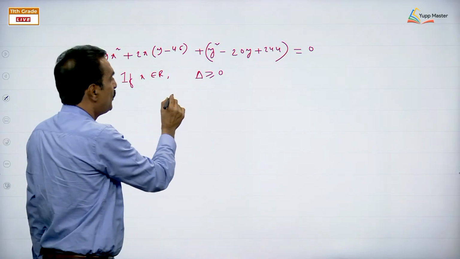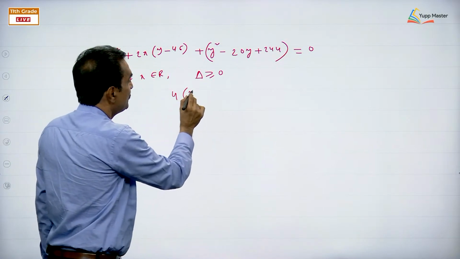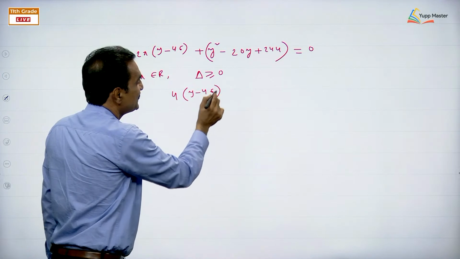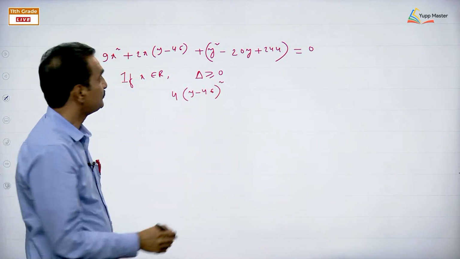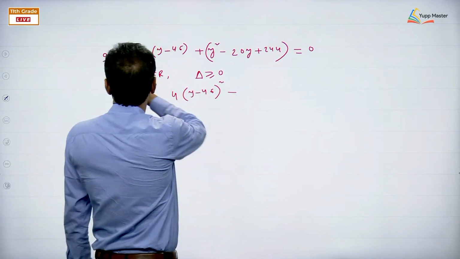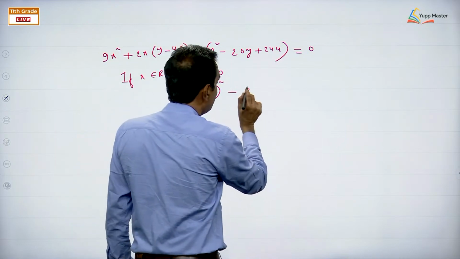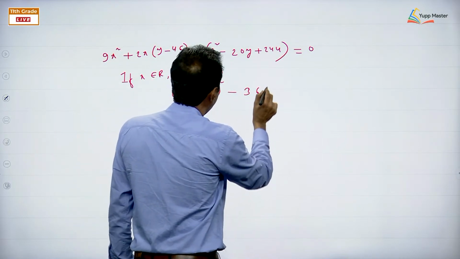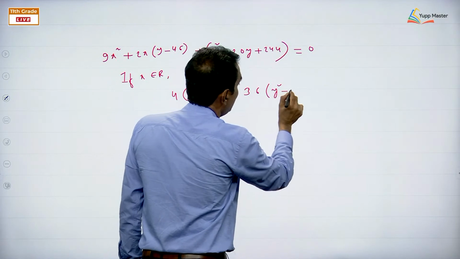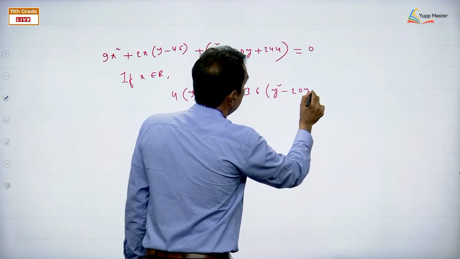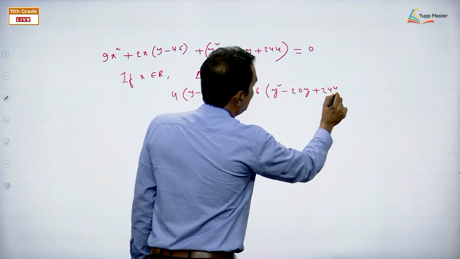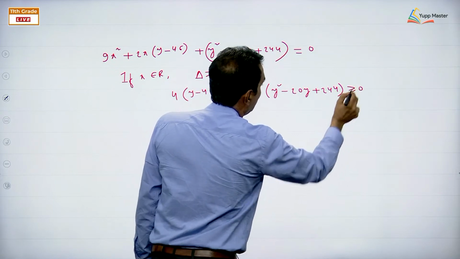How much? 4 into y minus 46 whole square, minus 4 into 9, 36, into y square minus 20y plus 244 should be greater than or equal to 0.